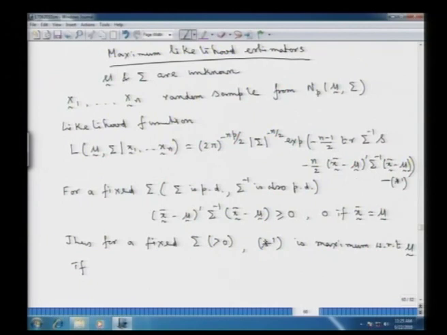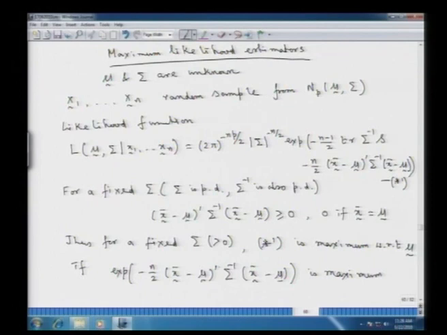Now, in the exponent you will see that there is a quantity which does not depend on mu, and hence maximizing the exponent with respect to mu corresponds to this particular part of the exponent. So, for a fixed sigma, star 1 is maximum with respect to mu if e to the power minus n by 2 x bar minus mu transpose sigma inverse x bar minus mu is maximum, right. So, we will be looking at what is the value of mu which would maximize this quantity.